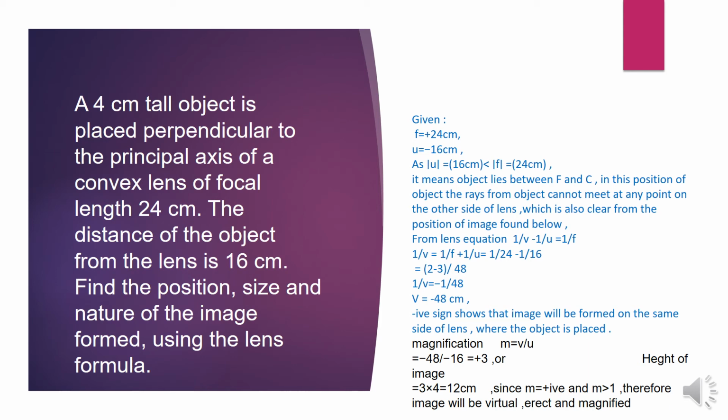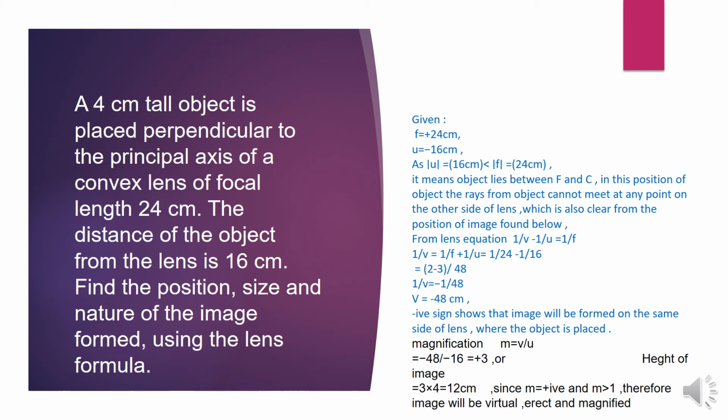Focal length is 24 centimeter because it is a convex lens. Convex lens has positive focal length. So write plus 24 centimeter. Object distance is always negative. So it is minus 16 centimeter. And see here the object distance is less than the focal length. So what will be your conclusion? Conclusion is the object lies between F and optical center O.